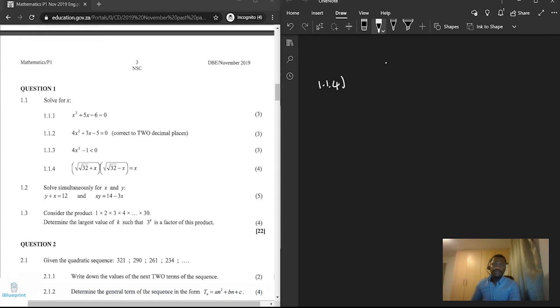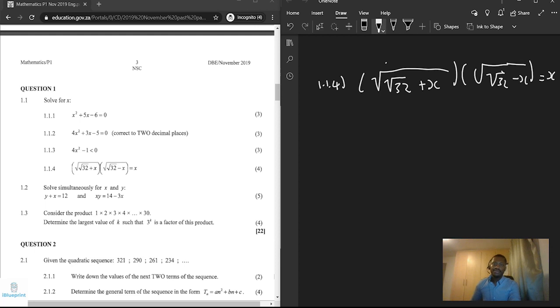Now we're going to be doing 1.14. This is a nice interesting question on square roots. Sometimes you want to write a square root as a power, so you can make it easier for yourself to process what they're looking for.